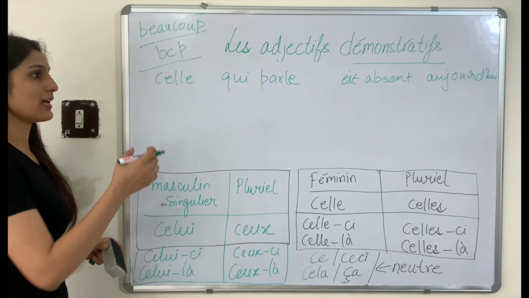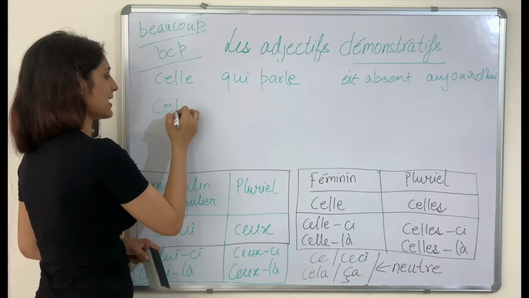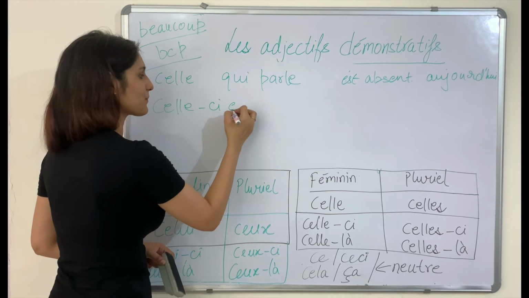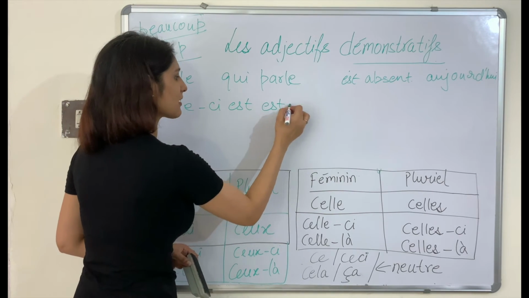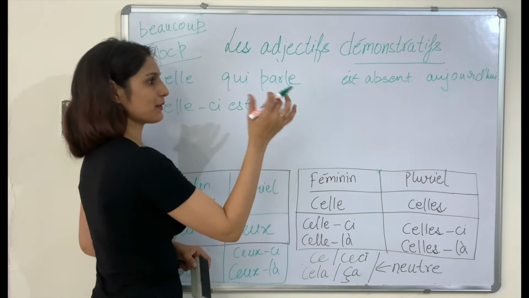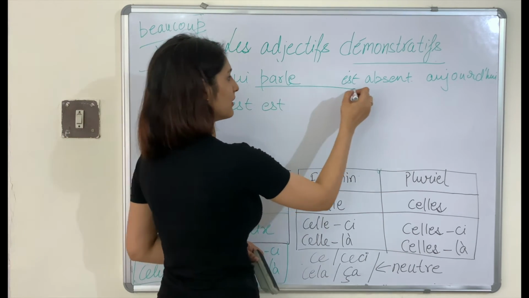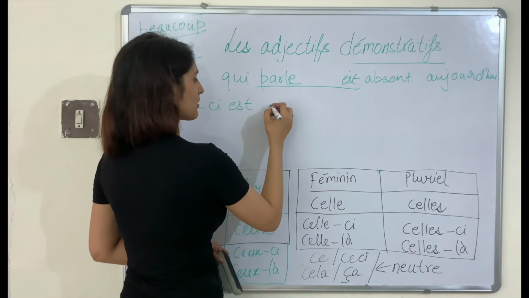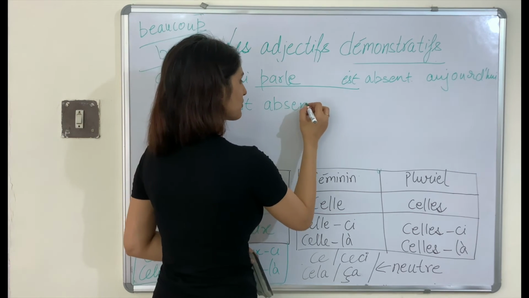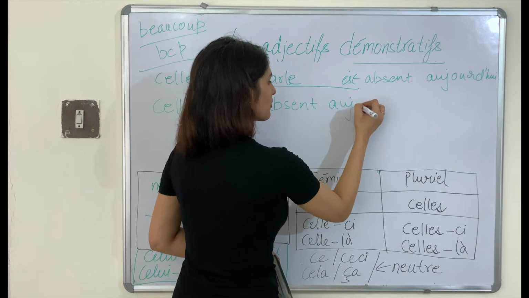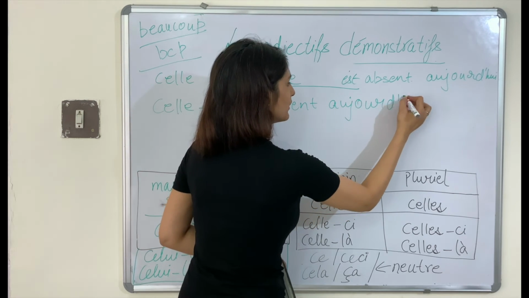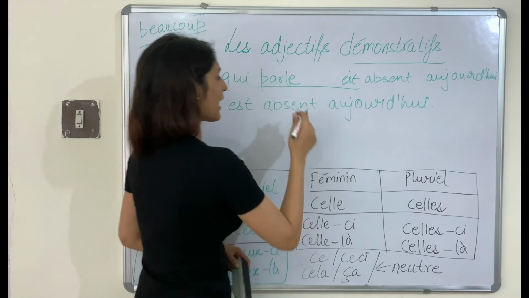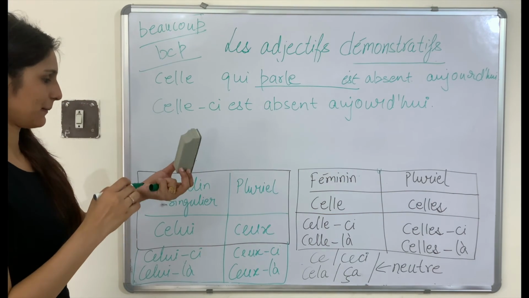Celle-ci est absente aujourd'hui. Celle-ci est. Now I will escape parle this one. Celle-ci est absente aujourd'hui. I have escaped the verb parler.